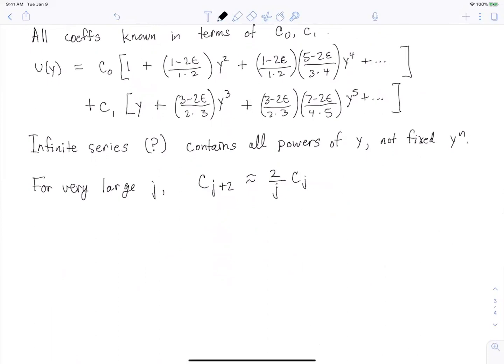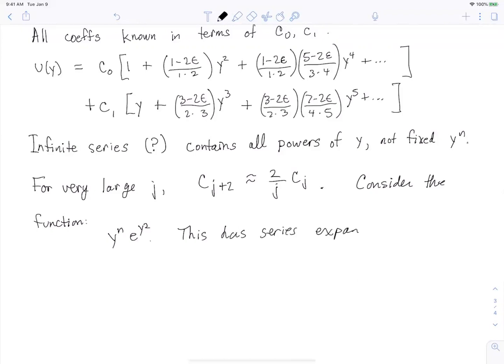And so now let's consider the function that we're going to get if we just include that part of the C sub j. So consider the function y to the n e to the y squared. Okay, this has a series expansion that looks like the following.